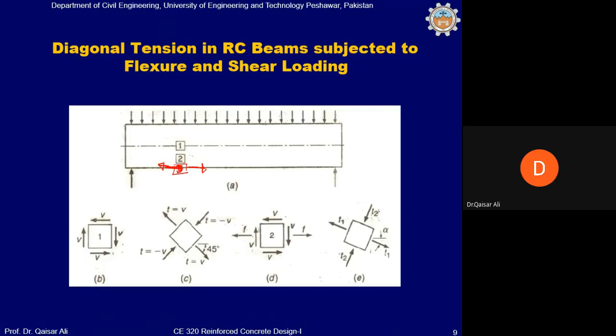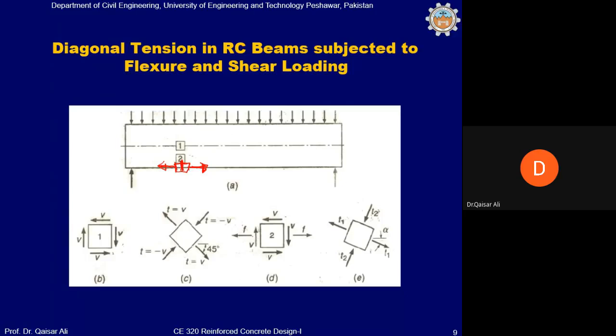The direction of the crack. So downwards or upward? The direction will be a vertical crack, because if these are two pulling forces, then they will pull apart this element and a crack will appear like this.